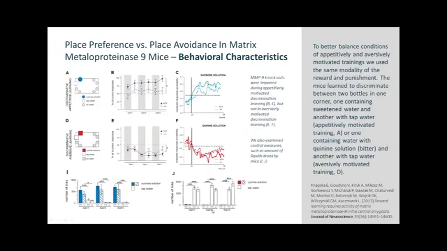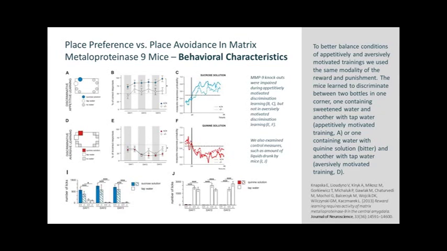So then we wanted to better balance conditions of appetitively and aversively motivated trainings. We wanted to use the same modality of the reward and punishment. So we decided to test two different tastes, using sweetened water as a reward, and for punishment quinine solution, which is very bitter.